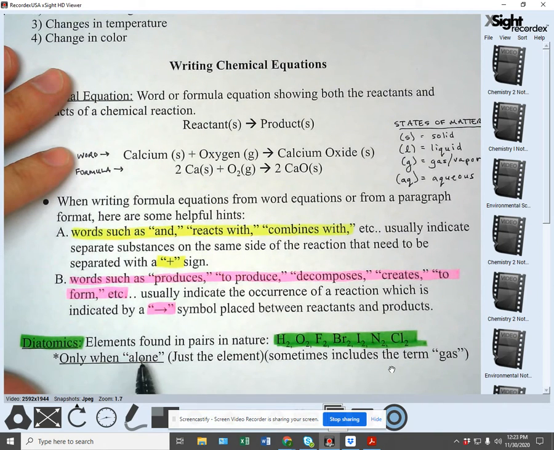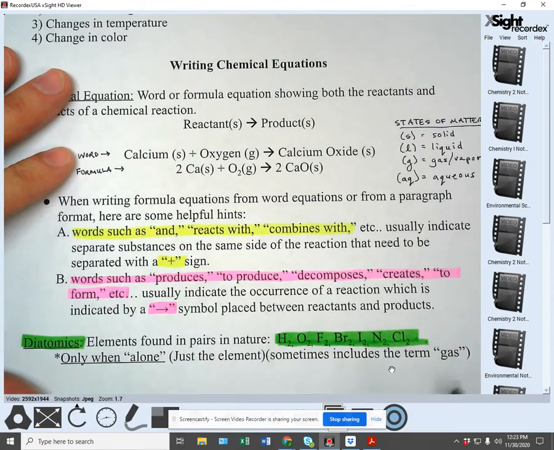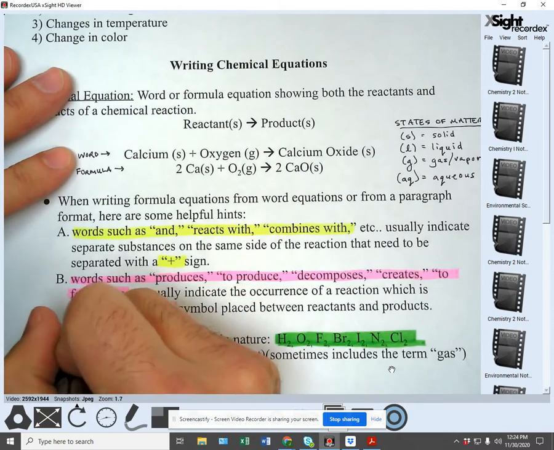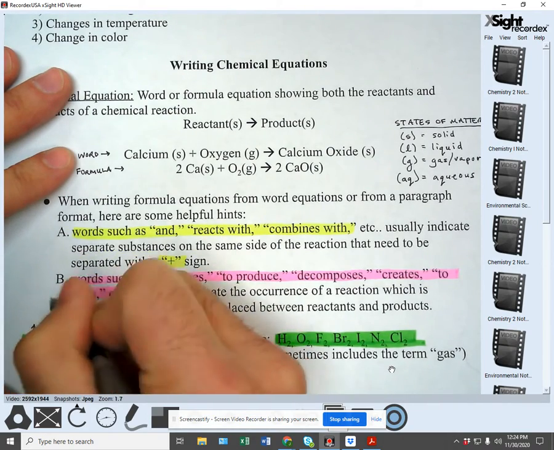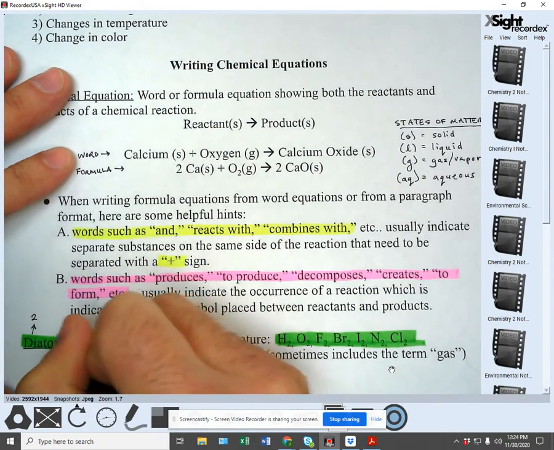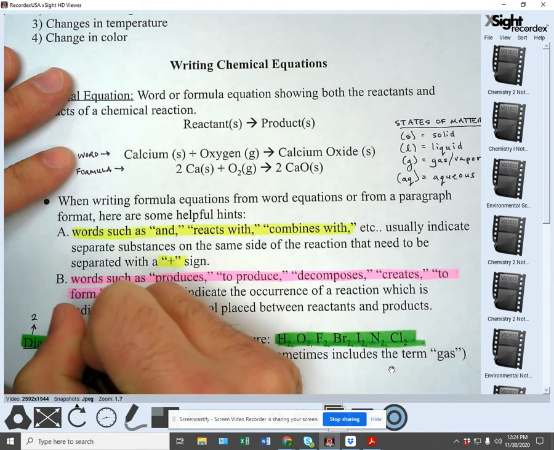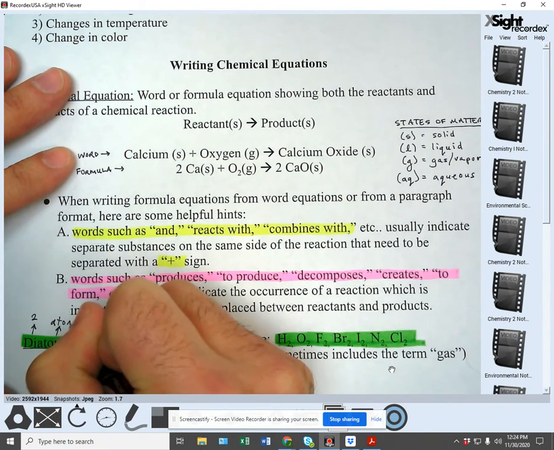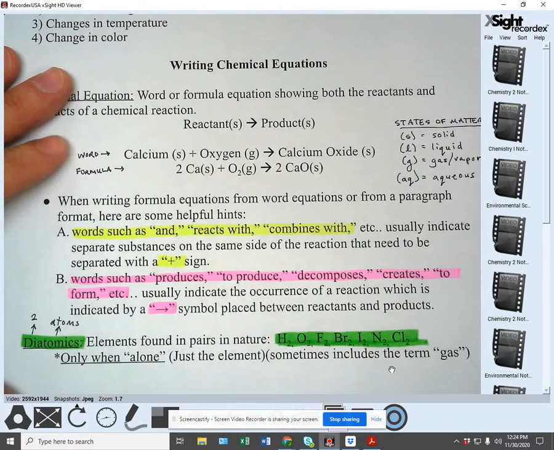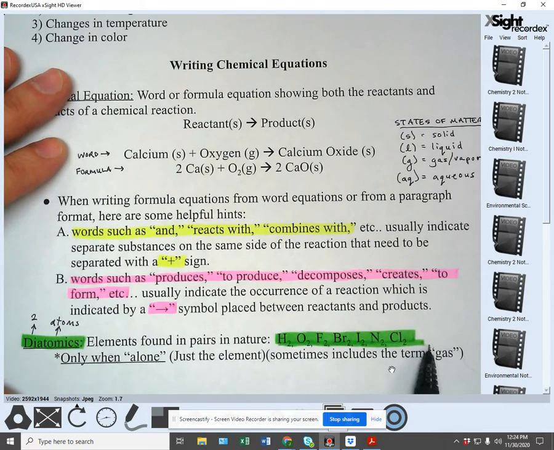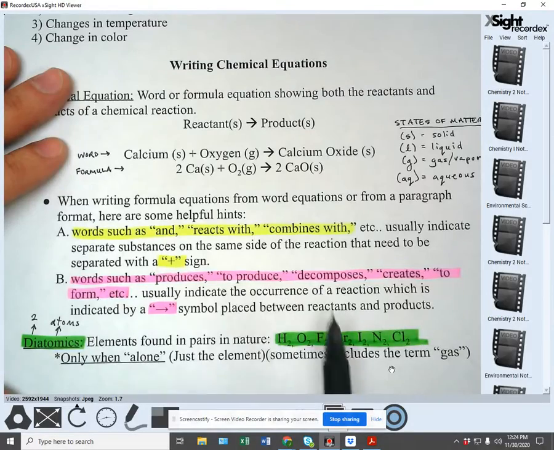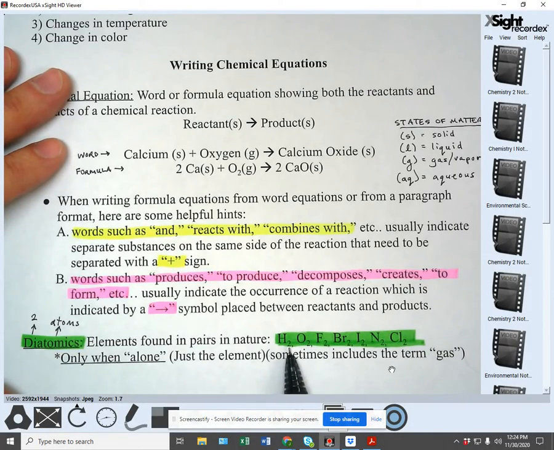When they are alone by themselves in these chemical reaction equations, they are called diatomics. Di meaning two, atomics referring to atoms. So these seven, only when they're alone in an equation, are found in pairs.